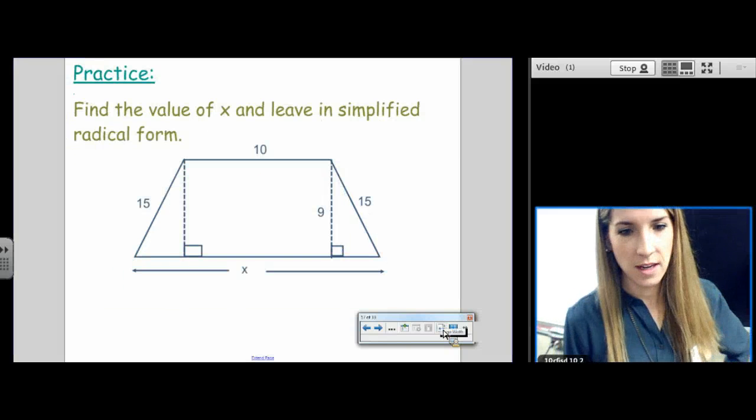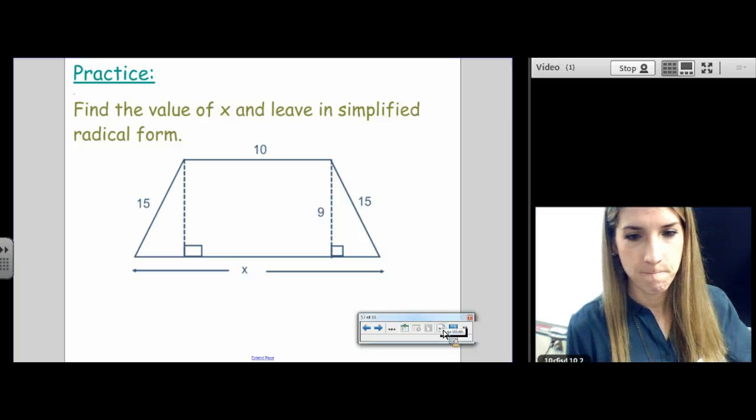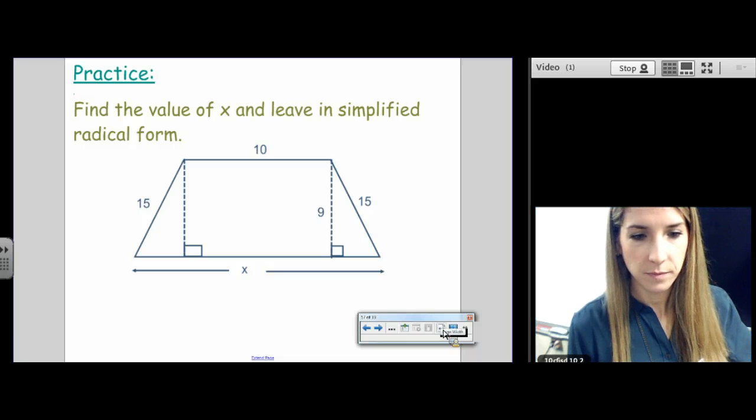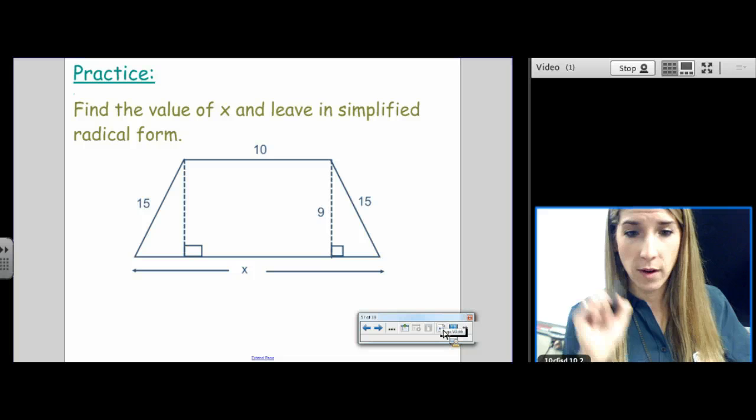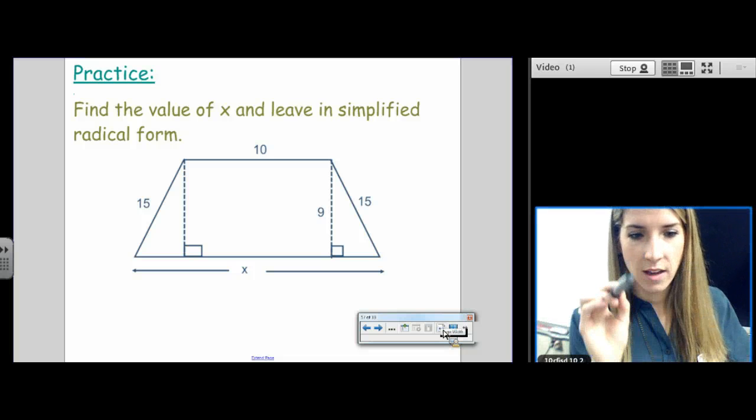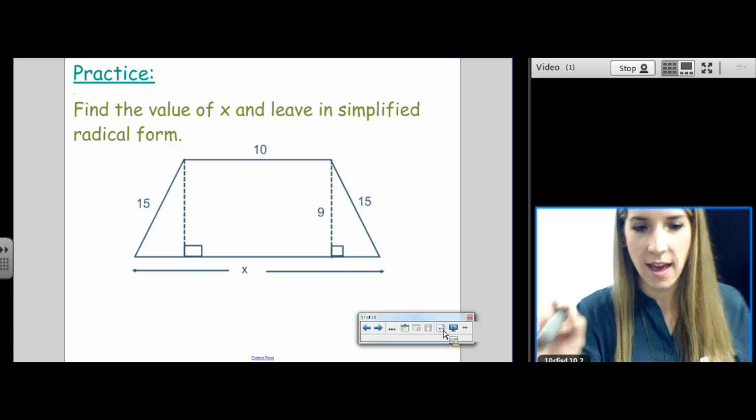Look at that one. Is that a Pythagorean triple? Let's see. 3, 4, 5. But if I triple it, it's 9, 12, 15. Is everyone seeing that?